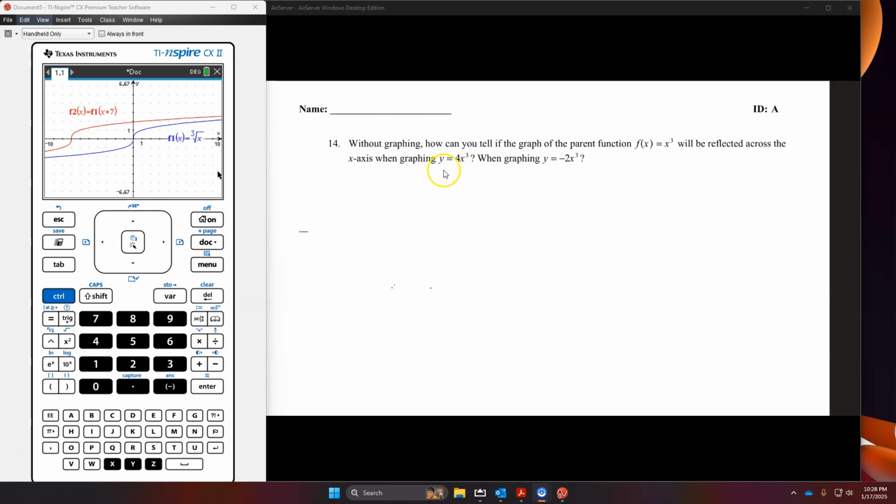Well, in this case, you know that it's not going to reflect because there isn't a negative in front of the 4. Okay, so what you would write, y equals 4x cubed won't reflect over the x-axis because it's missing a what? A negative, isn't it?